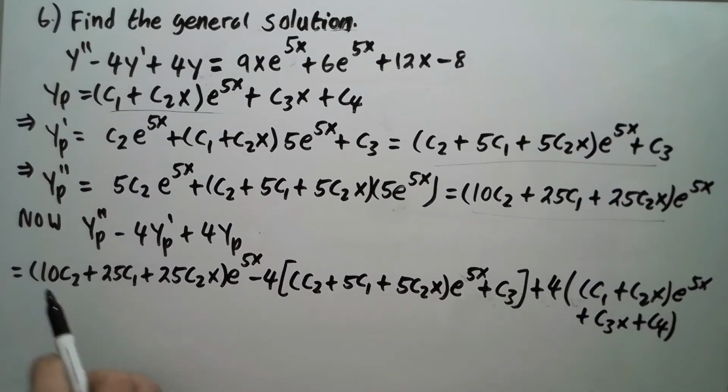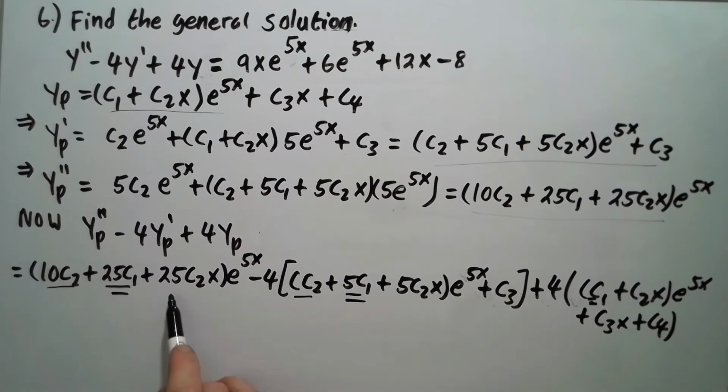Then we'll combine the c2s. We got 10 c2s here, negative 4 c2 here. So we're going to have 6 c2s. And then we have a 25 c1 here, and a negative 20 c1 here, so that'd be 5. And we got 4 here, so that'd be 9 c1.